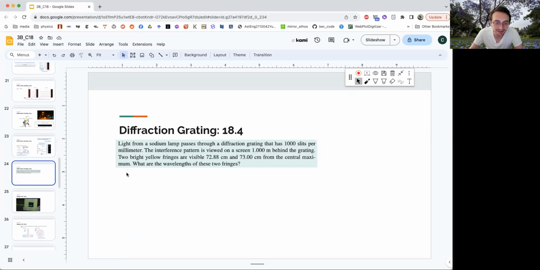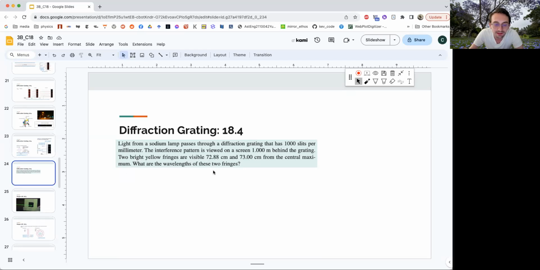Okay, so then let's give a practice example with these diffraction gratings. The same sodium lamp we were just looking at, that's why I grabbed this problem for us. It has 1,000 slits per millimeter. And the interference pattern is viewed on a screen 1 meter behind the grating. 2 bright yellow fringes are visible, 72.88 centimeters and 73 centimeters from the central maximum.